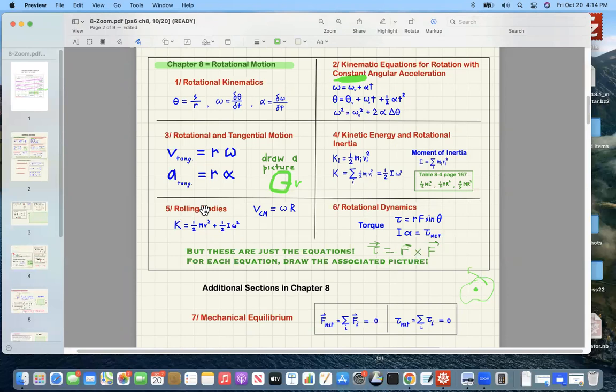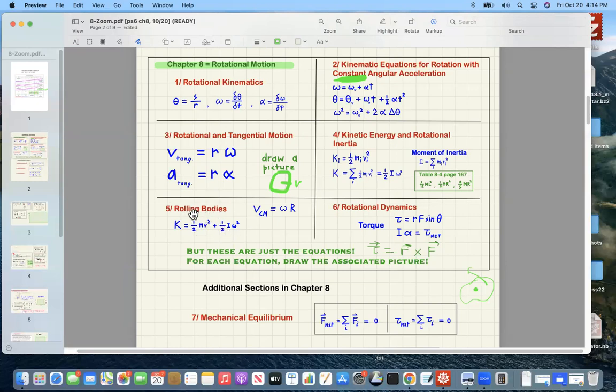If it's a wheel, let's say, it's just rotating around the axle that the wheel is mounted to. So the total kinetic energy would be 1/2 m v squared, just like if it was a point, plus 1/2 I omega squared, just like if it was a rotor, where again, you would use the moment of inertia appropriate for the shape of the rolling body.